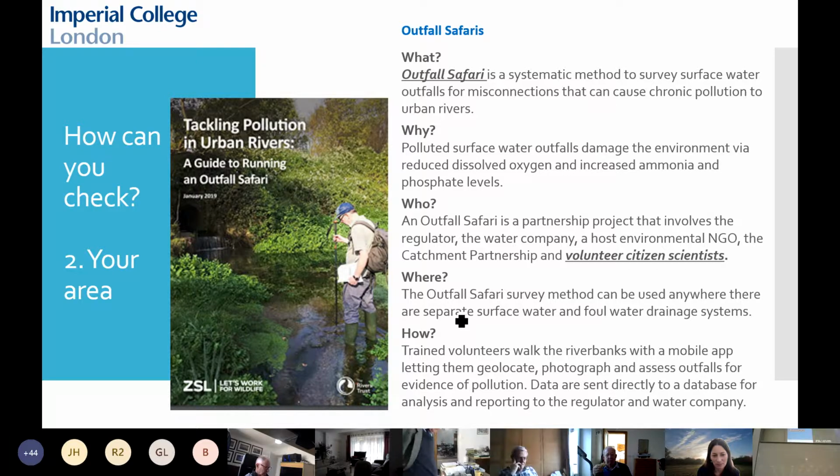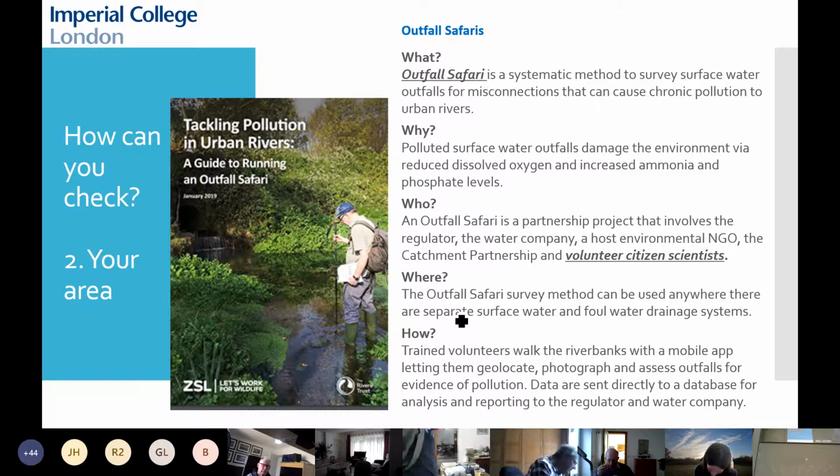So an outfall safari is something that has been developed by the Zoological Society of London and the Rivers Trusts.